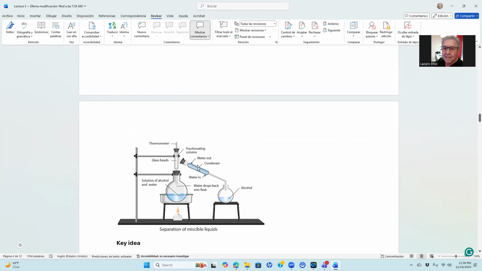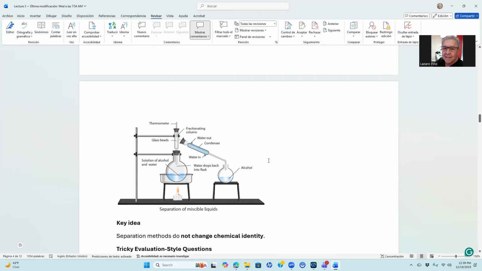And here it will condense and you can get the first liquid, the one with the lowest boiling point. If you have a mixture of water and alcohol, you can separate alcohol this way and water remains here, because the boiling point of alcohol is lower than the boiling point of water.